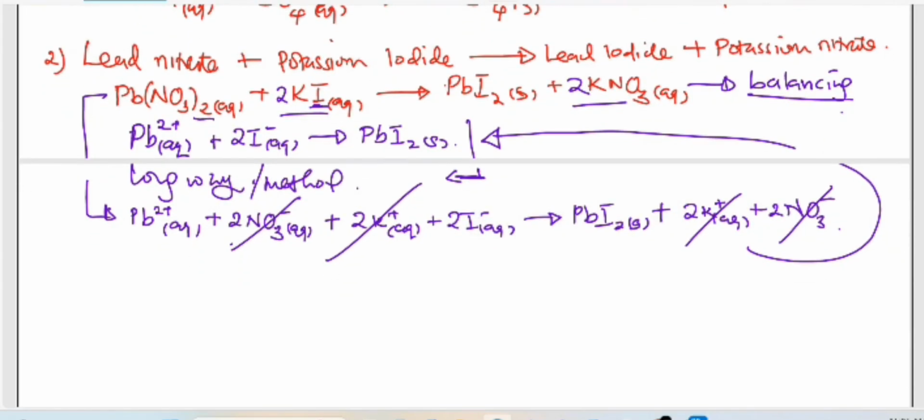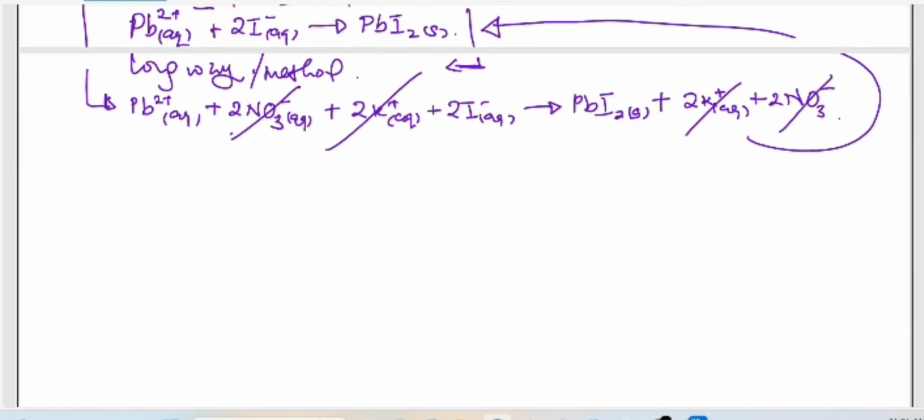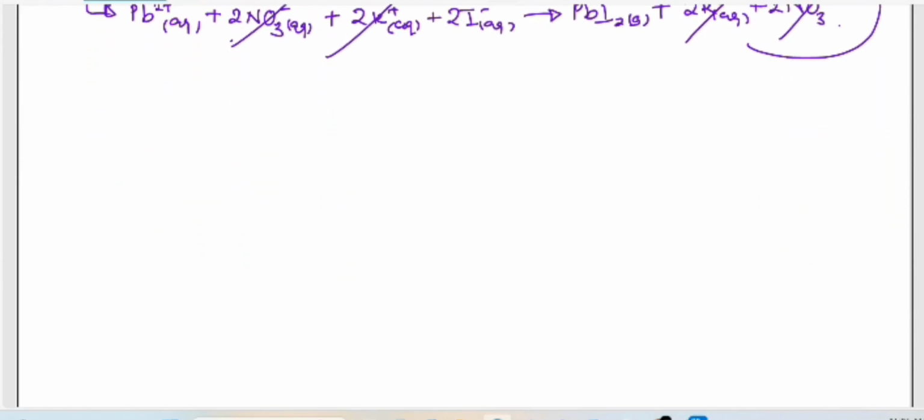The next equation, that is number 3, example 3. We have silver nitrate reacting with sodium chloride.